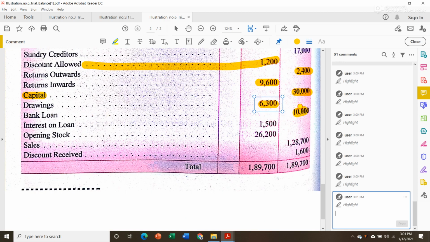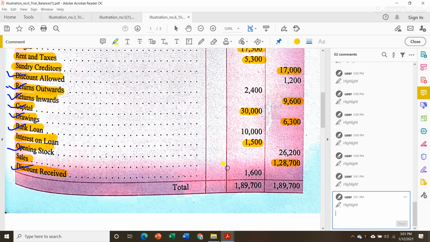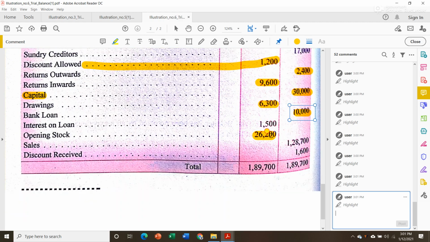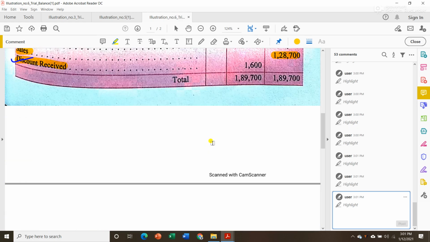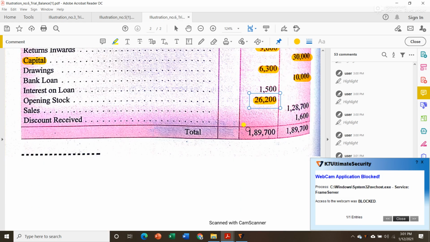Bank loan, it should be in the credit side. Then next we found that opening stock should be in the debit side. So opening stock, debit side. Then discount received should be in the credit side.